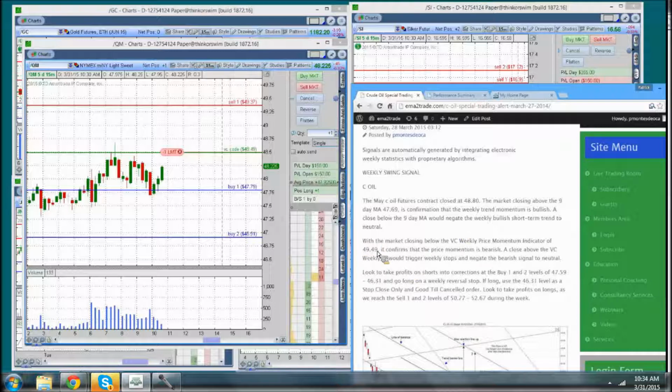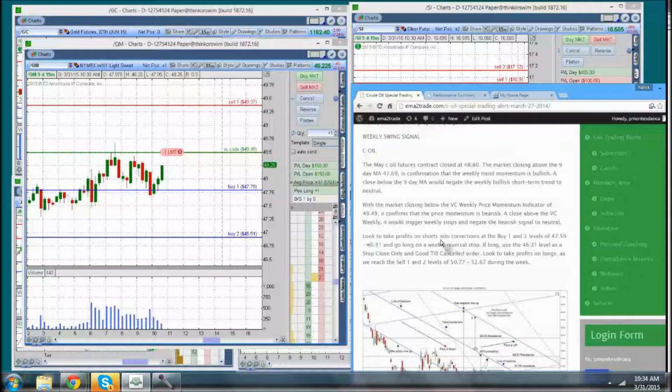Now, trading below 49.49 gave us an anticipation that it could come down to the levels of 47.59 to 46.31, where it's recommending to buy long at the buy 1 level and the B2 level of 47.59.